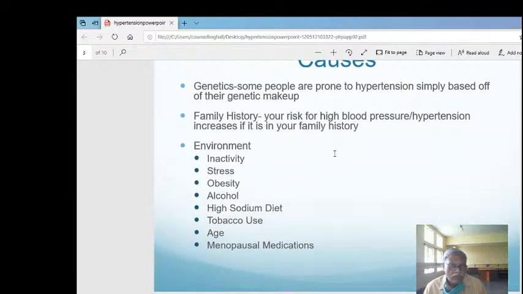The environmental factors are inactivity and stress, obesity, alcohol intake, high sodium diet, tobacco use, age, and menopausal medications. So these are all the things which will precipitate to develop hypertension.